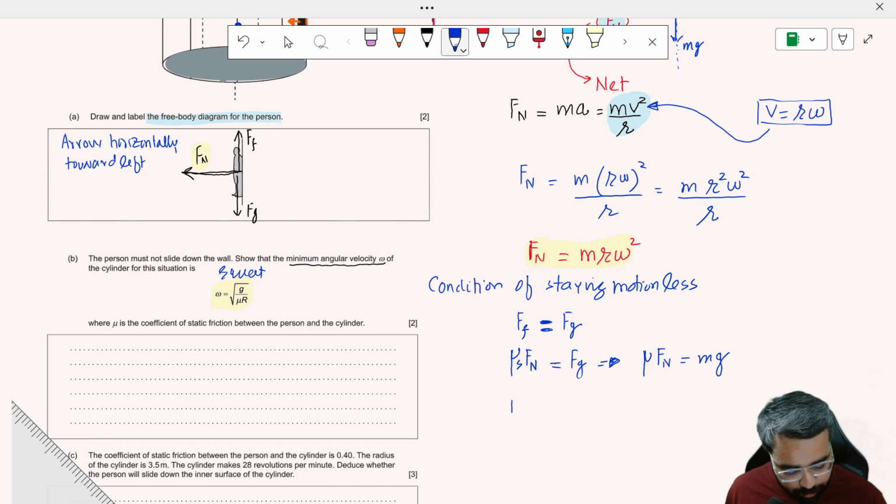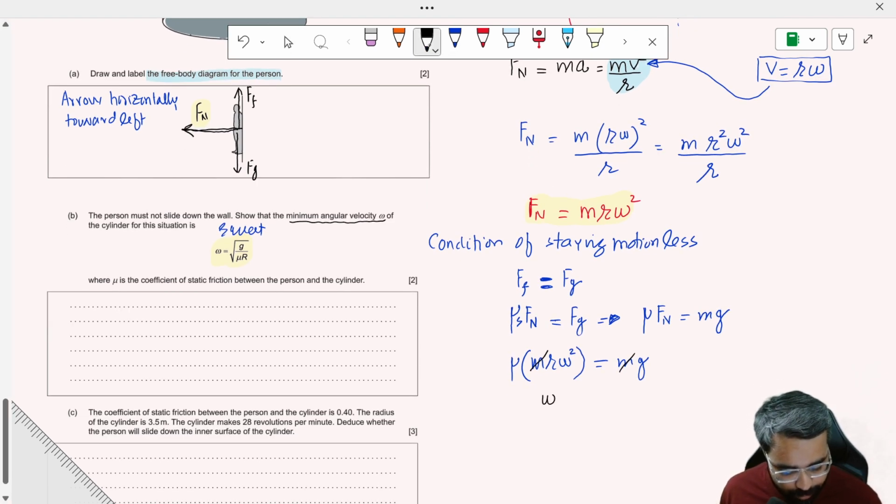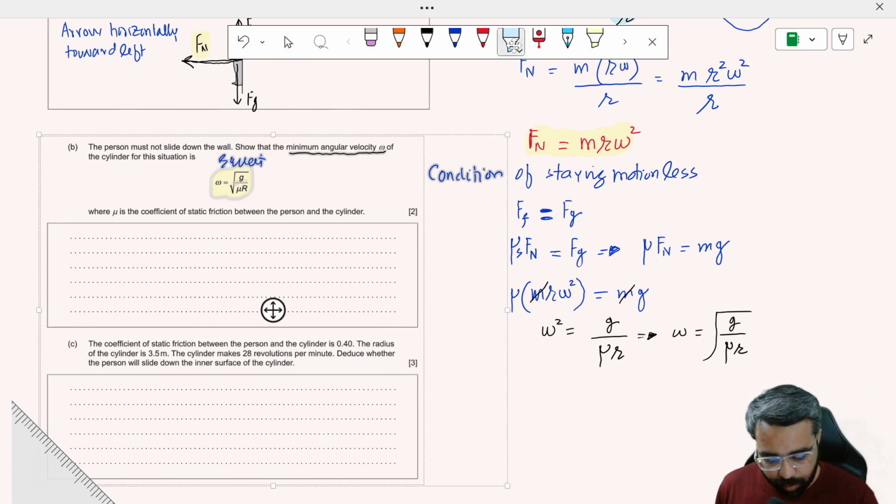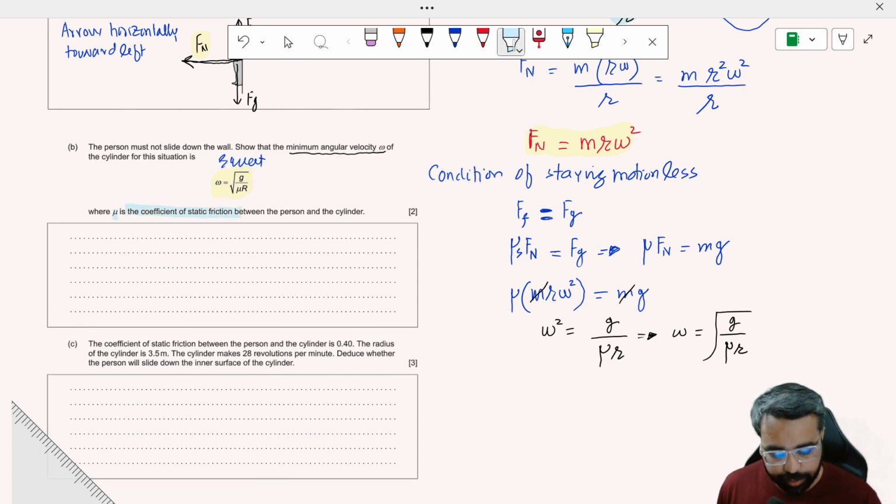If I put the value here, mu m r omega squared equals mg. Cancel the mass with the mass, and the angular velocity is the square root of g over mu r. In this equation, mu is the coefficient of static friction between the person and the cylinder.